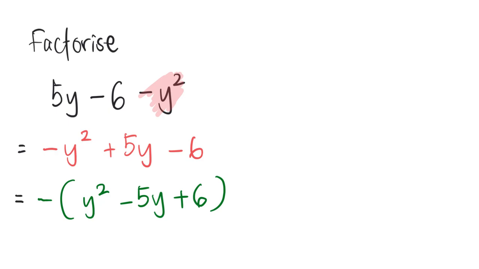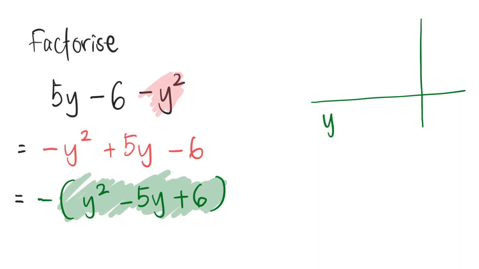And then I am going to just factorize my bracket inside. And so for this question, I'm going to make use of my cross chart. Y times y will be y squared.